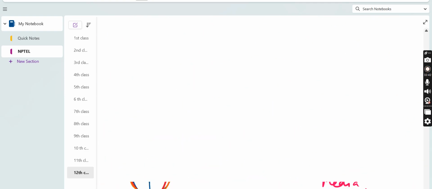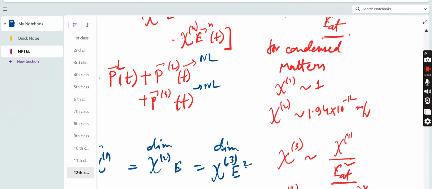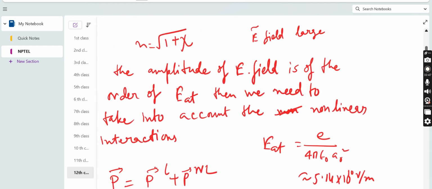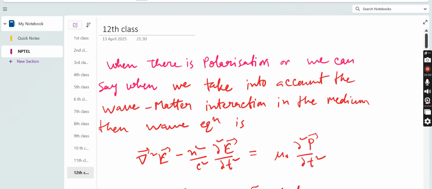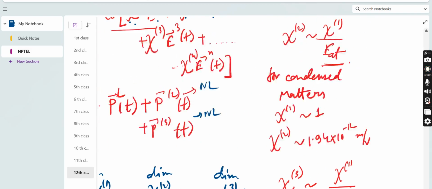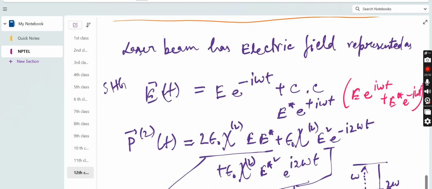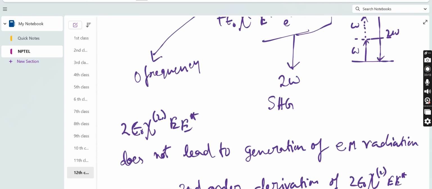So the second order term should survive to get an electric field out of the medium. That's the reason the zero order frequency will not give any electromagnetic radiation out of the medium.